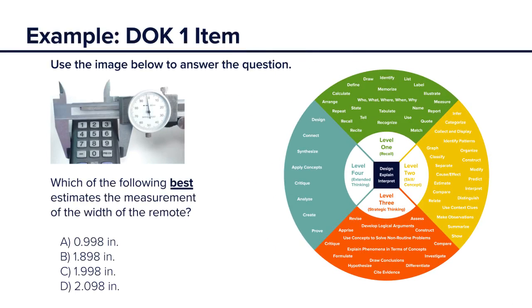Take this item again, for example. It includes both estimate, a DOK2 word, and measure, a DOK1 word. If you think about what the question is really asking students to do, it's ultimately asking students to read a measurement tool and use a certain level of precision when doing so.